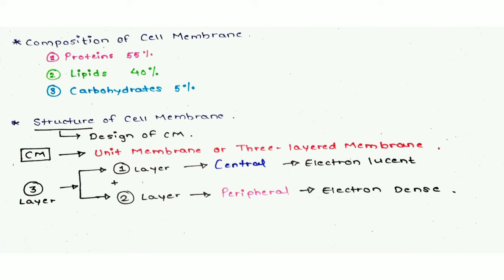While studying the cell under the electron microscope, it was revealed that it is a unit membrane, or three-layered membrane, in which the central layer is called the electron lucent layer and appears light in color, while the two peripheral layers are called electron dense layers and appear dark in the electron micrographs.